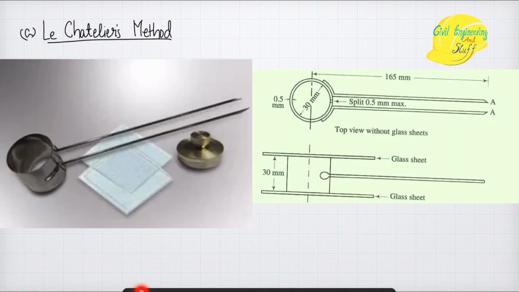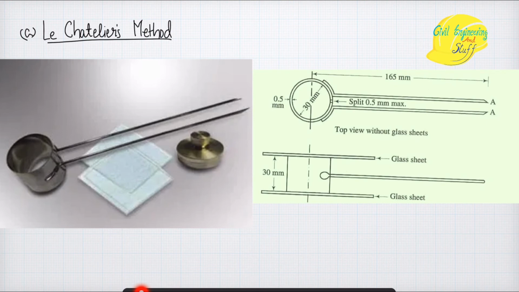So let us discuss quickly the Le-Chatelier's method for testing the soundness of cement. The apparatus looks something like this. We have two glass plates and an assembly having two arms. The dimensions are shown here. These are the two glass sheets that will be placed, one at the bottom and one at the top of the assembly.